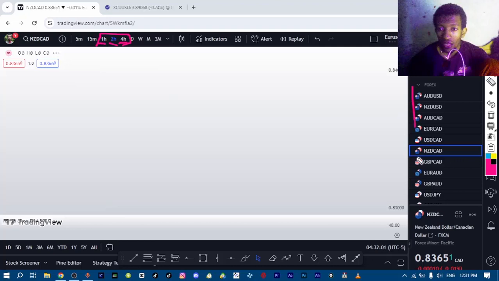As you can see, we have a lot of currency pairs down here. If you trade forex, you would have a lot of currency pairs, just like this one, the Aussie dollar, the euro card, and all of them. There are more than 40 currency pairs.